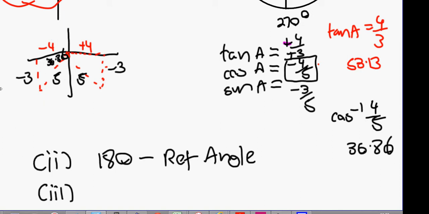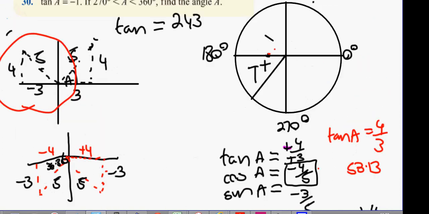This angle here is going to be 36.86. Can anybody tell me, if that's 36.86, what is this full angle here on the outside? 270 minus 36.86? No, it's 180 plus 36.86.